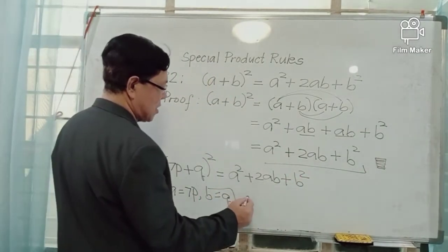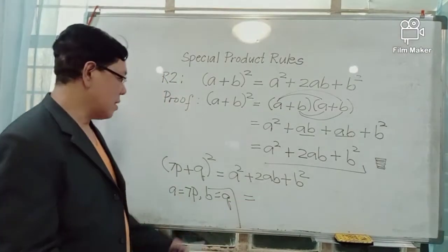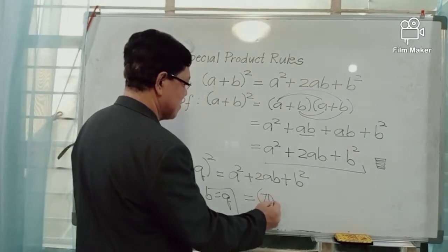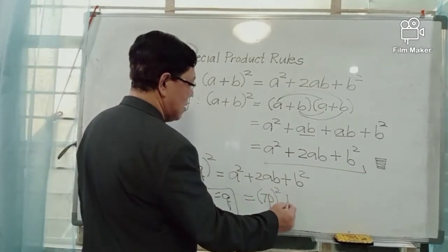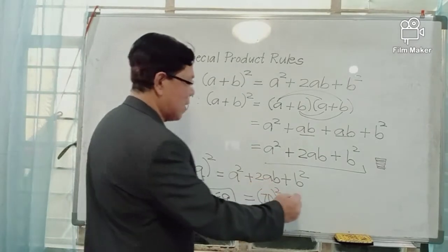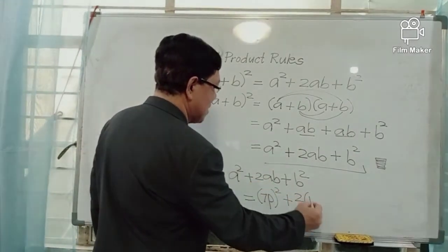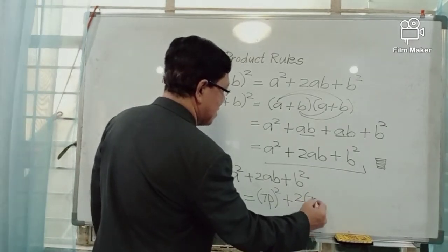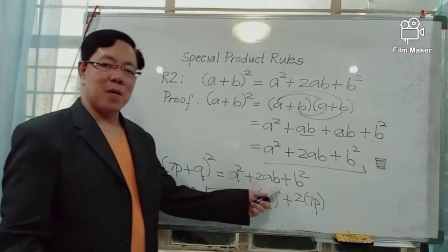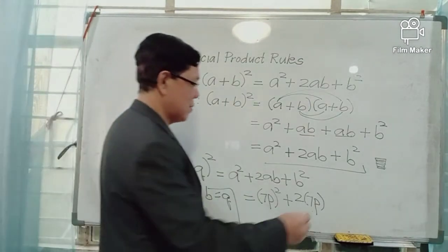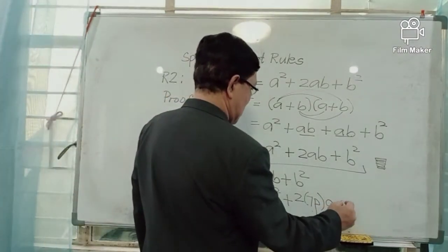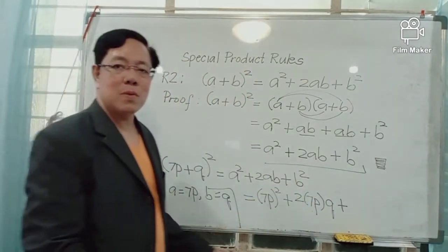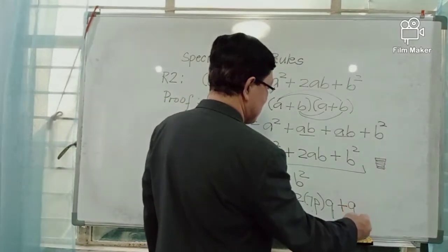And we substitute a and b. a is 7p, and we square it, plus 2 multiplied by a, which is 7p, multiplied by b, which is q, plus the square of b, and b is q, q squared.